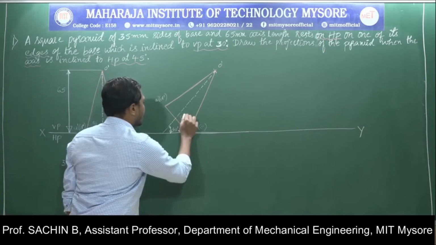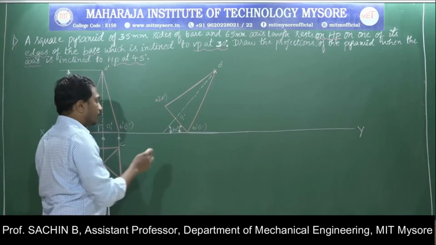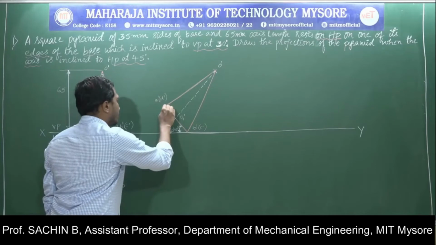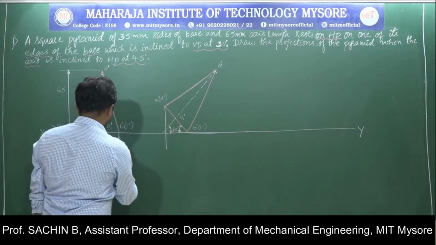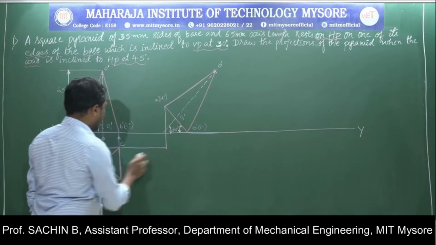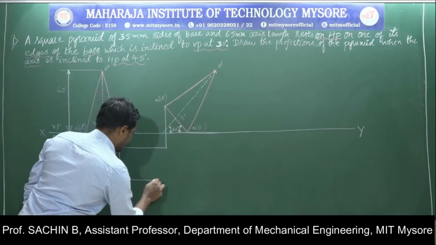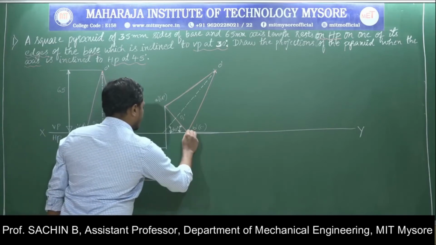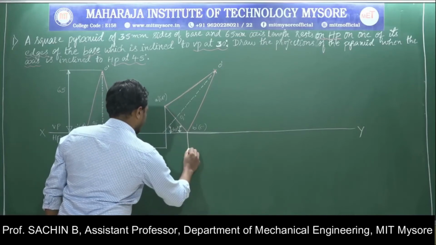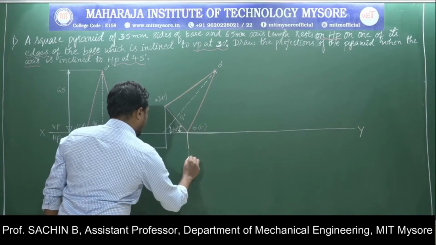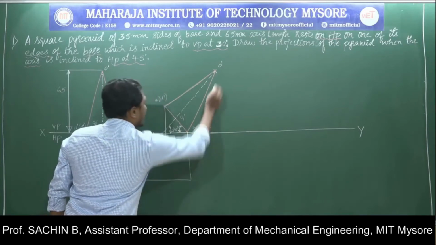Next, I will go for the projection of the second position in the top view, by drawing the projection lines from the top, again from the top view in the first position. Now I will go for the thin lines here.